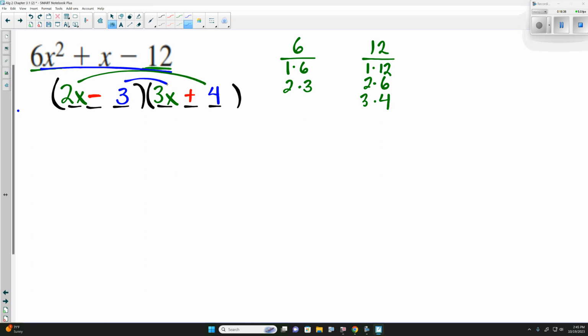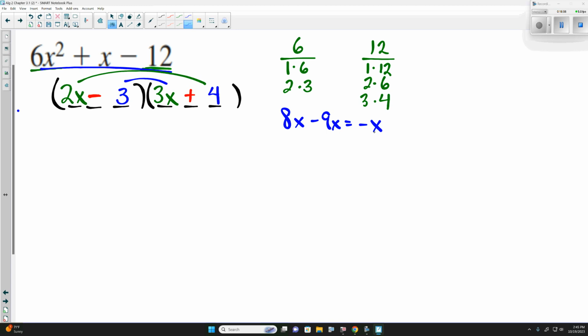Now, if we check this, 2x times 4 is 8x. Negative 3 times 3x is negative 9x. And 8x minus 9x is negative x.